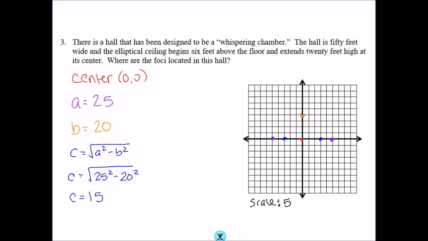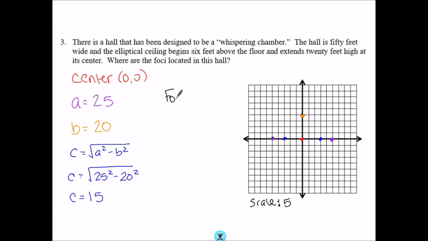Since this is a word problem, we need to make sure that we write our answers in words. So our foci are 15 feet from the center, but they are not on the floor. They are going to be 6 feet above the ground where the ellipse starts.